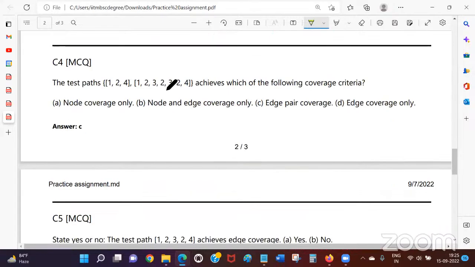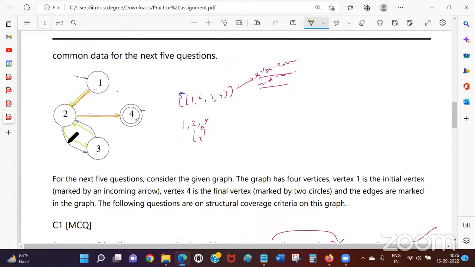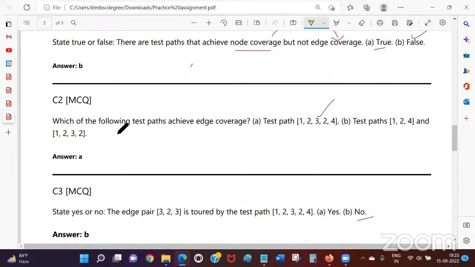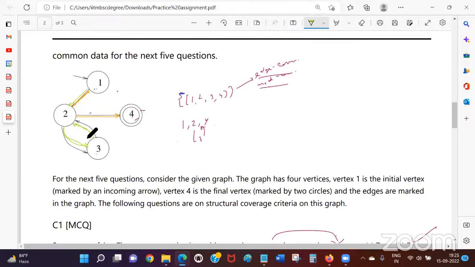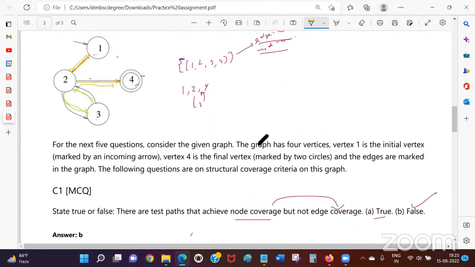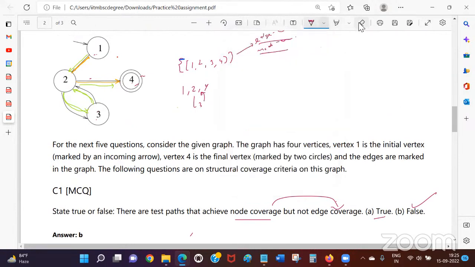1, 2, 3, 2, then 2, 3, 2 again. So it is repeating the loop twice, then finally 4. So we need to consider the paths we have in hand.